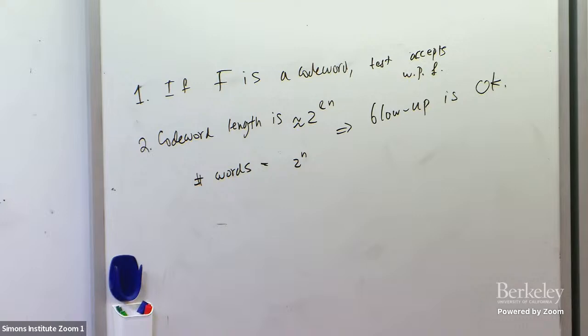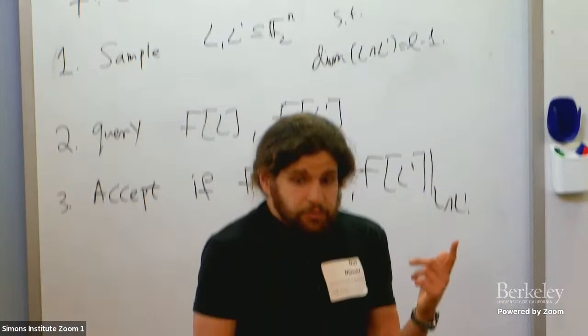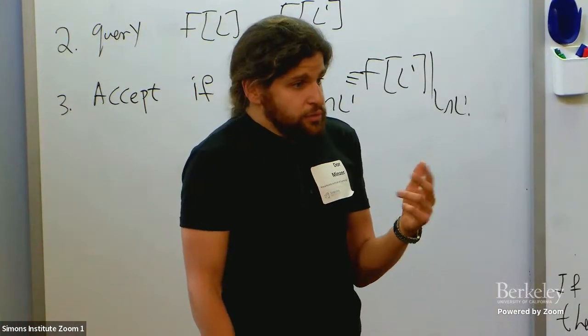Then for the tester to pass, you must assign FL prime to be this specific function on one dimension lower. And then there is only going to be one extension to L prime. So if I tell you what is the assignment to L, then I've told you what is the assignment to this part of L prime, and you only have one more dimension in L prime, which can either be 0 or 1. So there are two options.